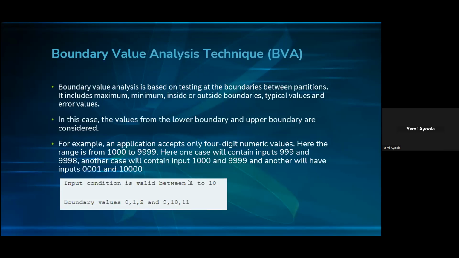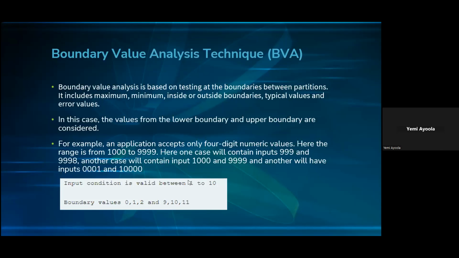To get the boundaries, I will go outside the boundary. Where is my outside? From 0, -1, -2. So I can take -1, 0, 1, 2. That's outside of my boundary.